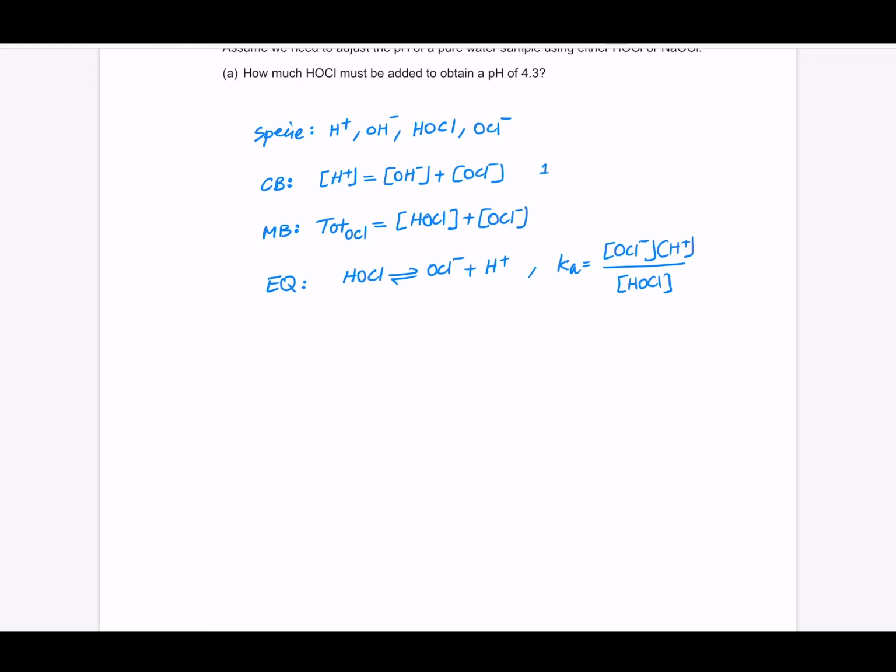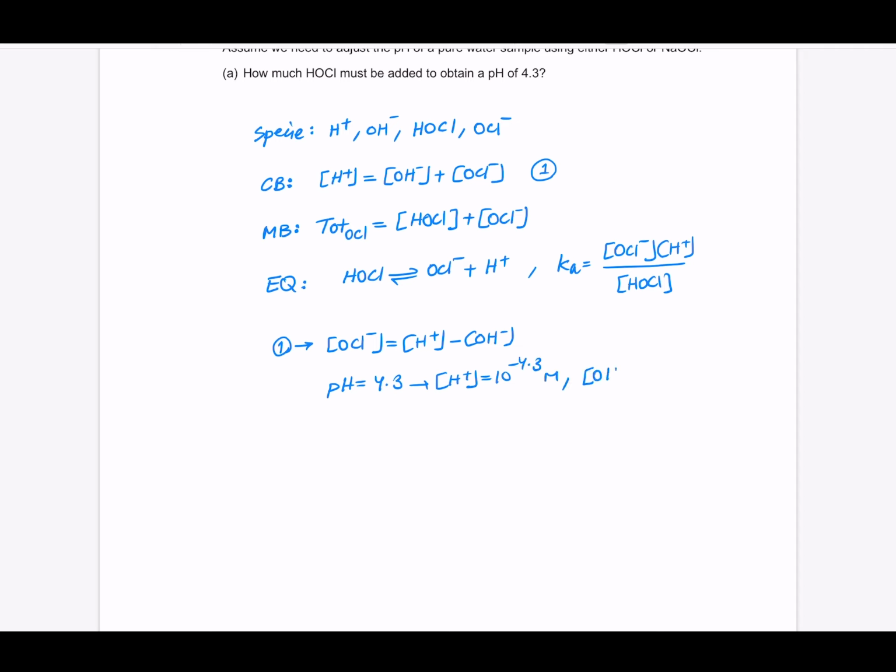So if, say, this is equation 1, based on equation 1, we have OCl minus equal to H plus minus OH minus. So pH is at 4.3. Therefore, the concentration of H plus is 10 to the minus 4.3 molar.